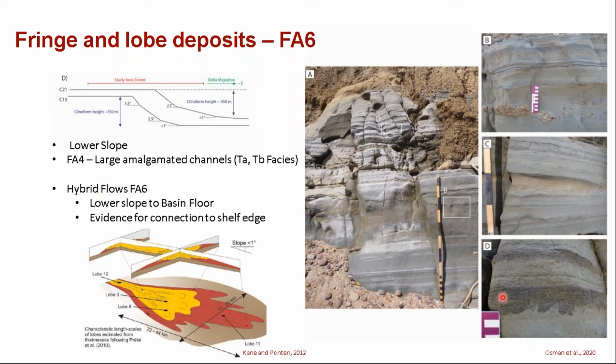hybrid deposits. This is a transition from seeing really nicely developed turbidity currents to a transitional or debris type flow. So we see the development of nice TA facies being capped by these convoluted beds with carbonaceous, poorly sorted material with a kind of collie-like appearance.